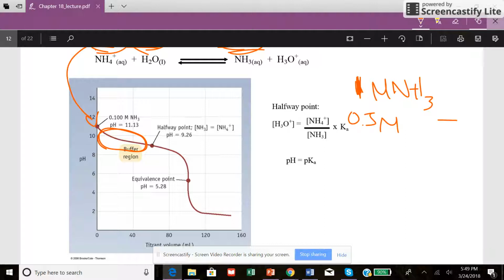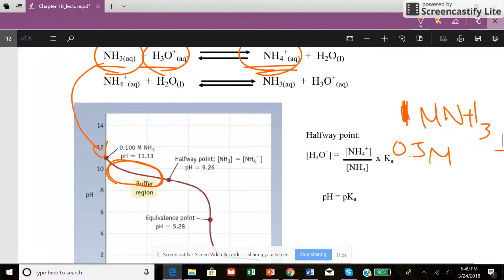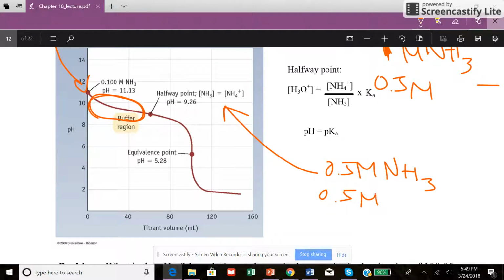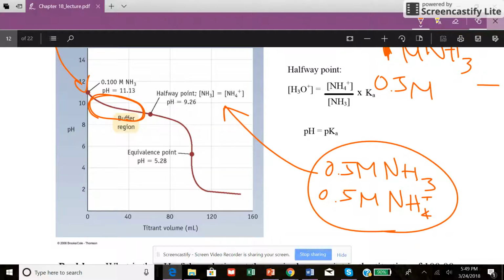At the half equivalence point, you're going to have half molar of NH3 and half molar of NH4 plus. So it's the same concentration again, so essentially this is equal. pH will be equal to pKa. Now the pKa is the pKa of NH4 plus, ammonium. Okay, and that's the value.